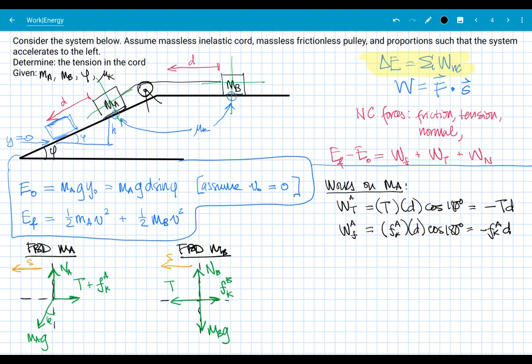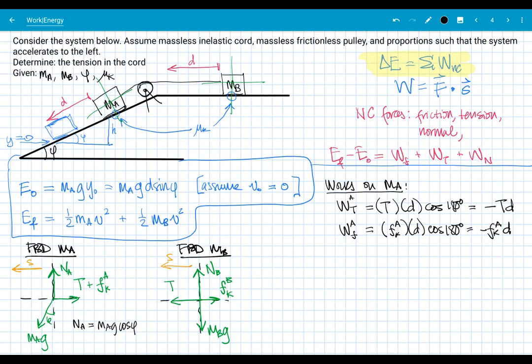So using Newton's second law, we can see that normal force is equal to the weight of the block times cosine phi because there's no acceleration in the y direction here. So the forces along the y axis are equal and opposite.